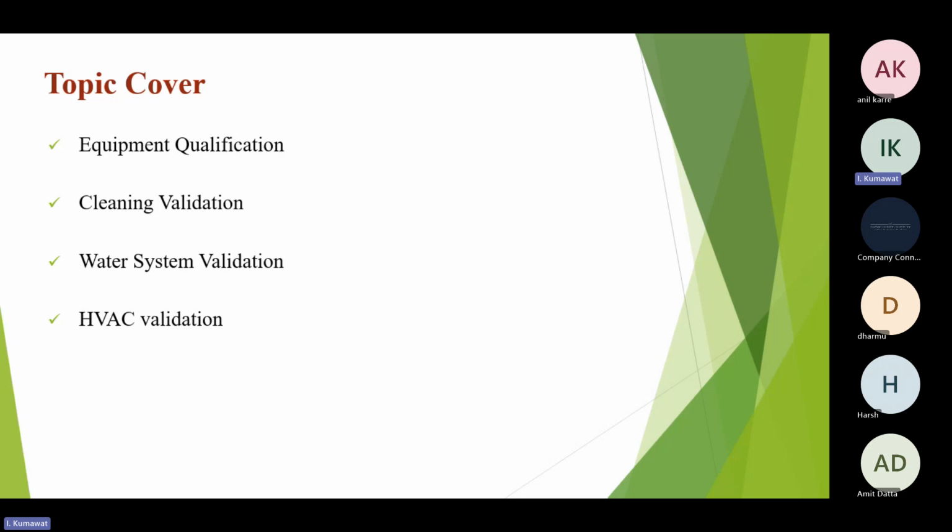Then HVAC system validation. HVAC is the heating, ventilation and air conditioning system. We use it so that fresh air is available in the area during manufacturing or while the product is stored in that area.